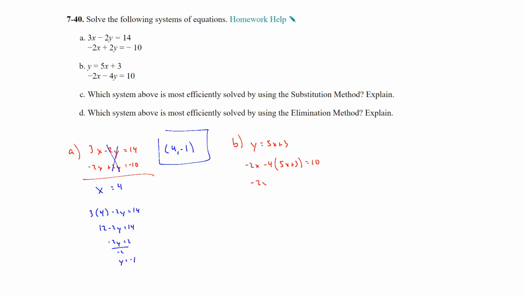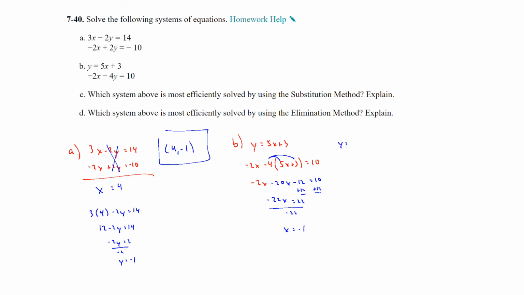Make sure on the next part it is negative 4 times the quantity, so negative 4 times 5 is minus 20x, and negative 4 times 3 is negative 12. We'll combine our like terms, add the 12 to the other side, and then divide by negative 22. So we get x equals negative 1.